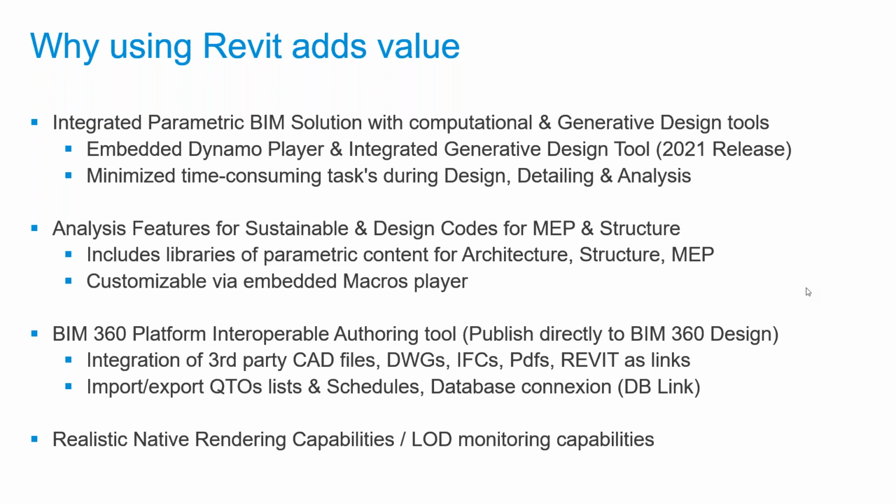We have very good analysis features embedded into Revit, and you can design according to codes for MEP and structure, for example. And for structure, we have the ability to work with Robot Structural Analysis as well to get your structure compliant with specific codes.